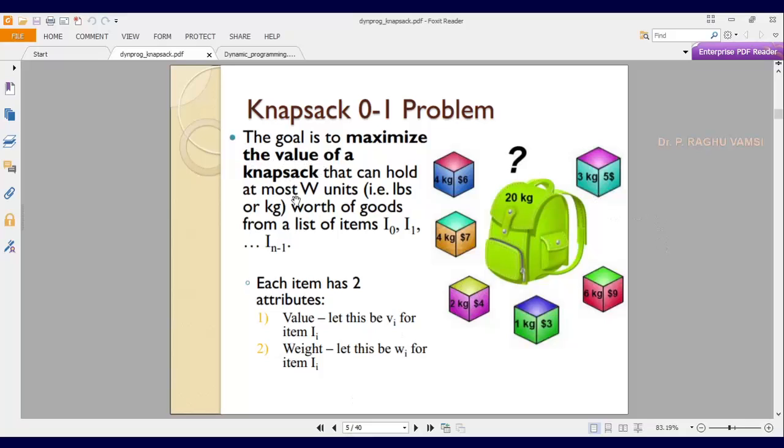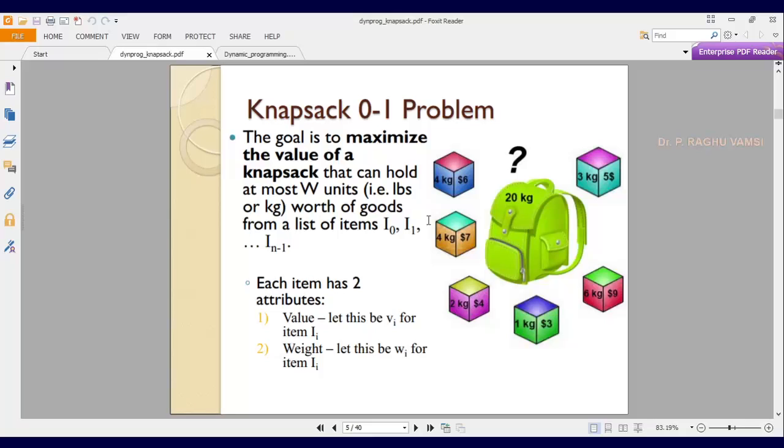The goal of the 0-1 knapsack problem is to maximize the value of a knapsack that can hold at most W units, that is, total capacity W units. In Western terminology it may be lbs, but here we are going to consider kgs. The goods come from the list of items I0, I1, I2, and so on, up to In minus 1.